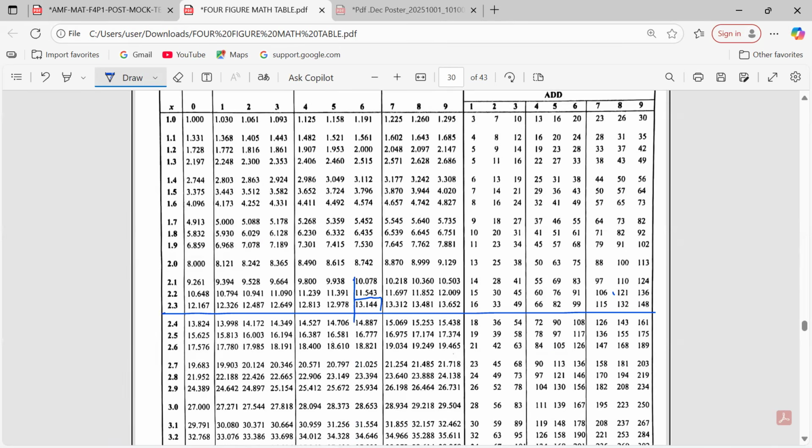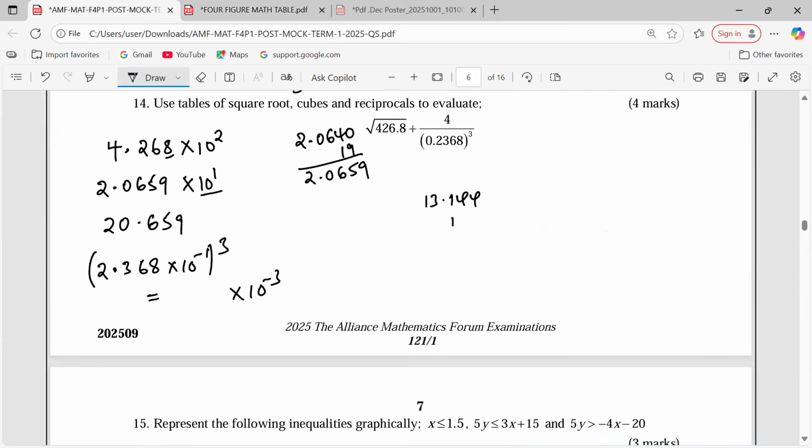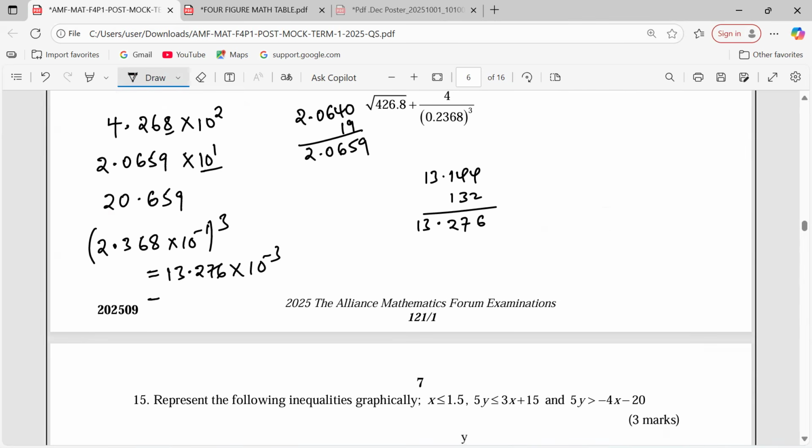Yes, 68 is here. 132 should be added there. We have 13.276 that way. This will be written as, after cubing, 0.13276. That is it.